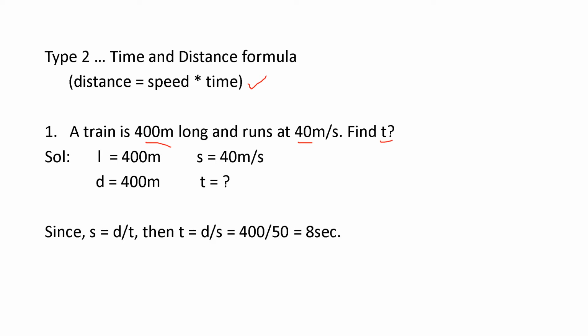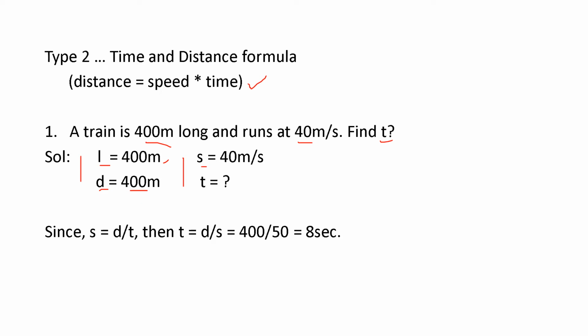For this kind of question you have to write the values. L is equal to the length of the train. So a train is 400 meter long, so the length of the train is 400 meter, and the speed is 40 meter per second. Since the length is 400 meter, distance is also 400 meter.